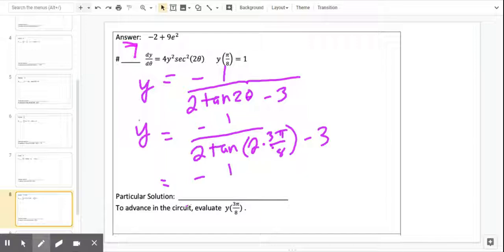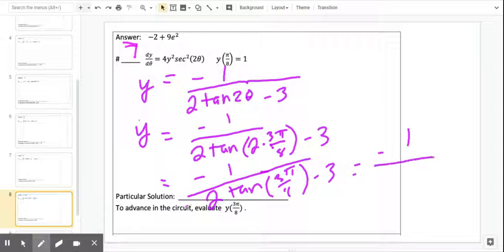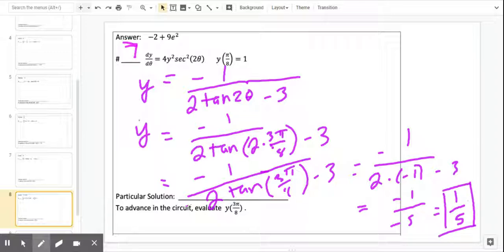So negative 1 over 2 tangent 3 pi over 4 minus 3. We all know our unit circle, so tangent of 3 pi over 4 is negative 1. So negative 1 over 2 times negative 1 minus 3. And this will leave us with negative 1 over negative 5, which is 1 over 5. So y of 3 pi over 8 is 1 over 5.